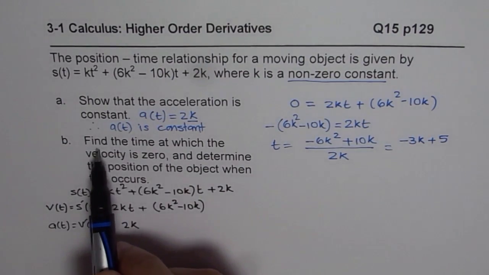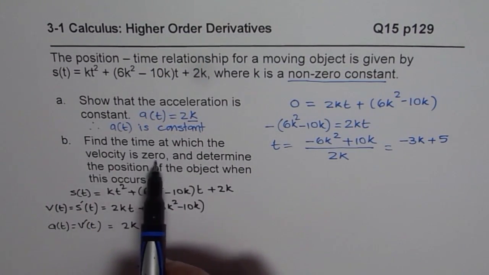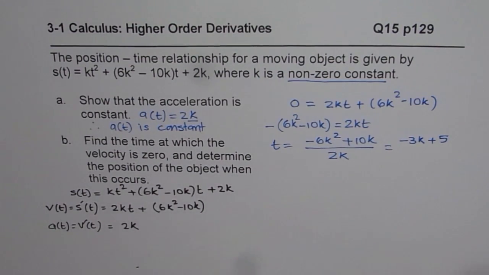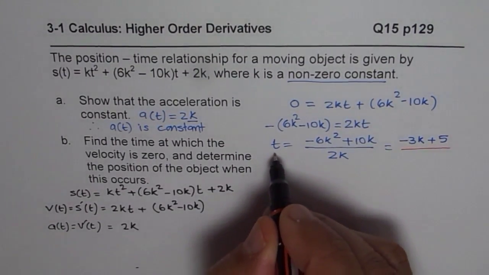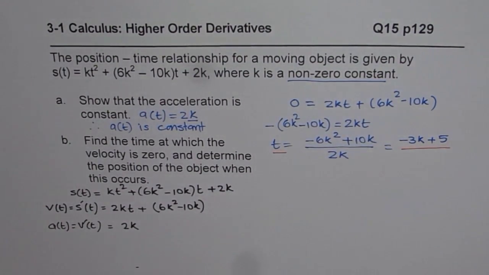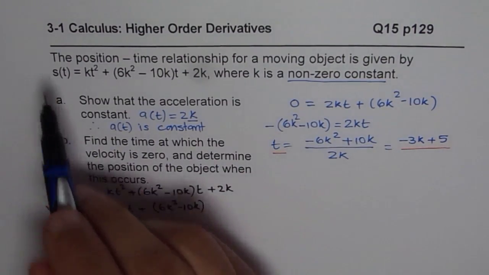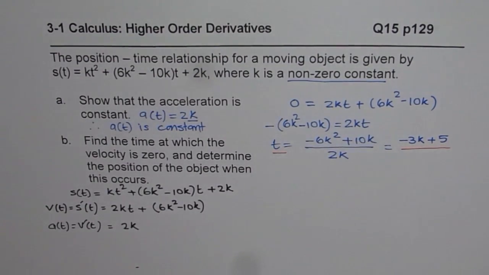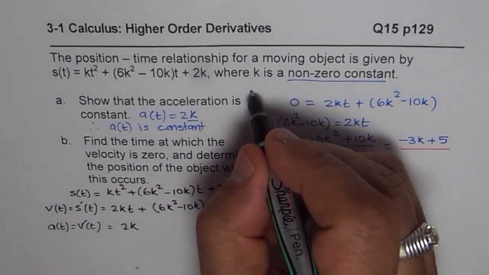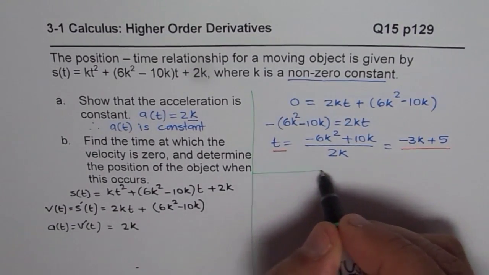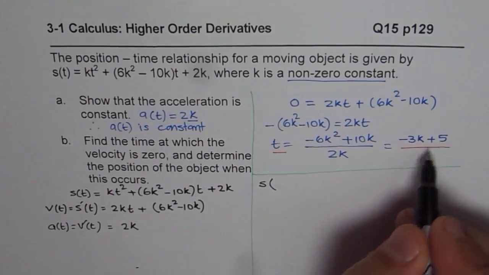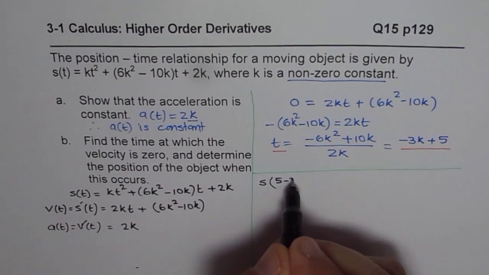It says find the time at which the velocity is 0. So that is the time, and determine the position of the object when this occurs. So the second answer for us is this. That is the time. Now we can find the displacement for this time. Let me write down part C. So s of time t, let me rearrange, write it as 5 minus 3k, that is t.